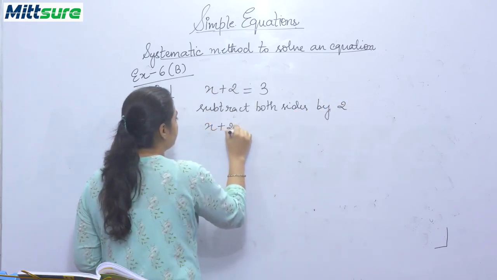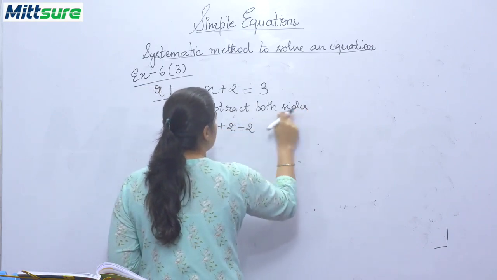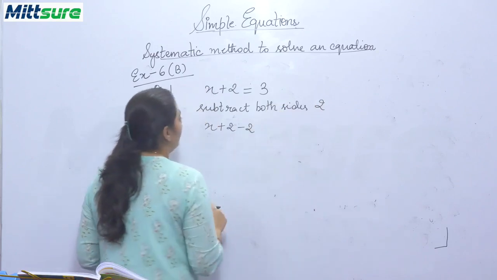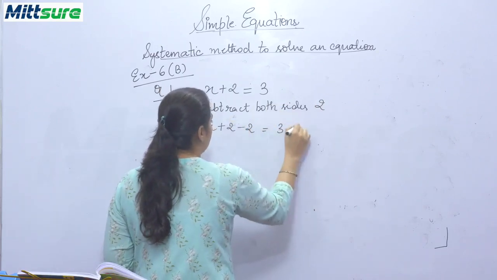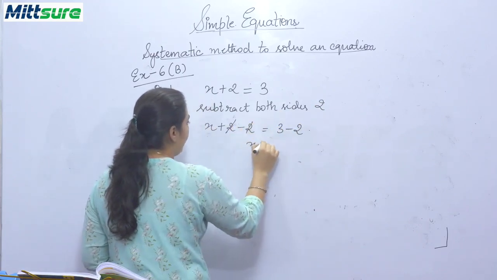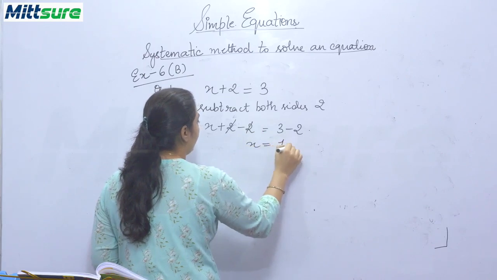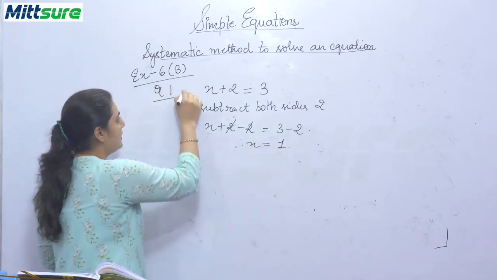X plus 2 minus 2, or subtract 2 from both sides. This is more appropriate. 3 minus 2. So here 2 gets cancelled. X is equal to 1. Therefore the value of x is 1. This was the C part.